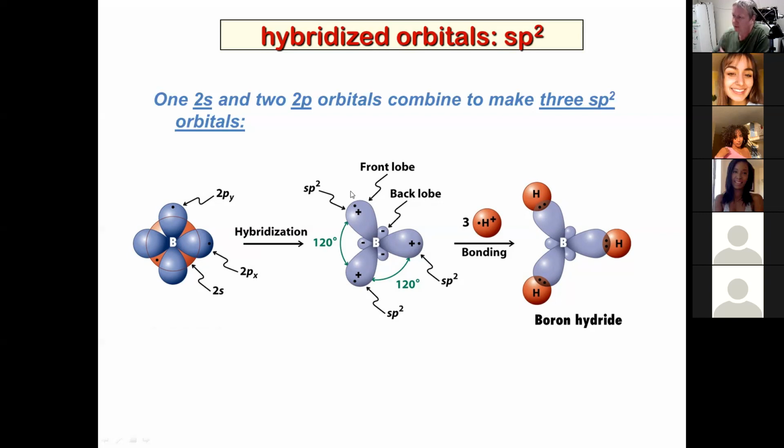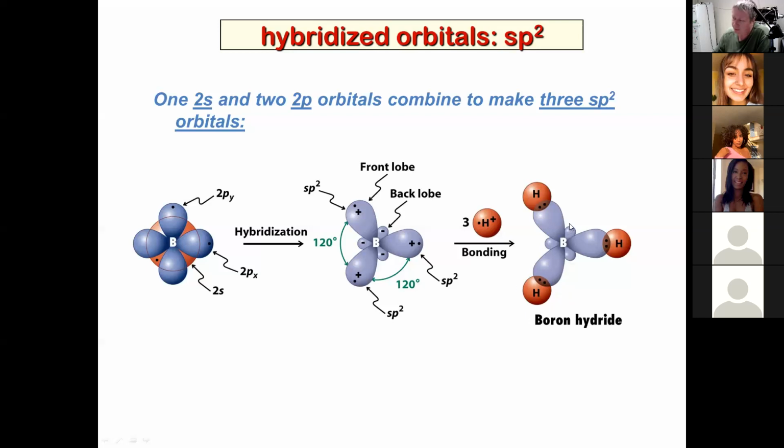And let's talk about the lobes in a second, but when they combine with H's, now you have BH3, right? With the three sp2 orbitals, right? These back lobes are kind of in the back of the molecule, back of the orbital, right? So okay, this is a bonding orbital, right? See it? Bonding. That's an orbital for a bond.